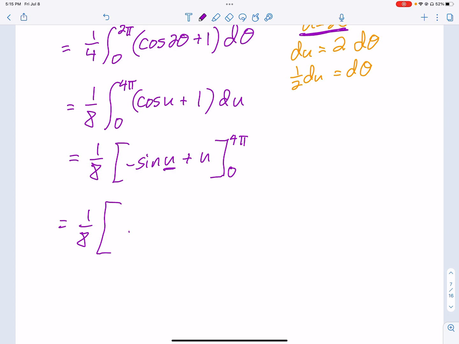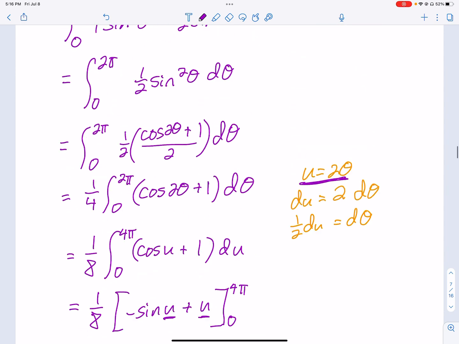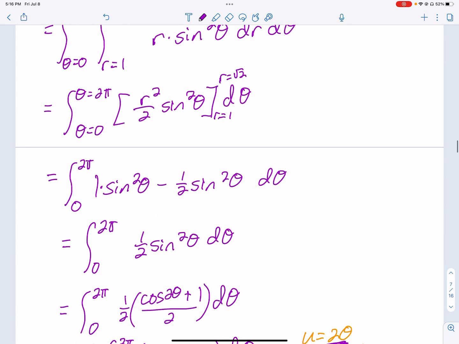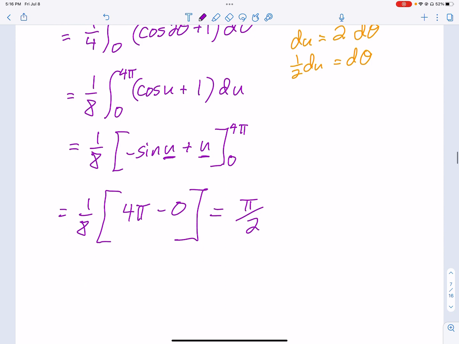So we get 4 pi, that's plugging into u here, minus, plugging in 0, we get 0, and that's going to leave us with a pi over 2. So the volume of that surface caught in this region here, in that donut region, there's a surface on top of it. The volume caught in there is pi over 2 units, whatever that may be in this case.